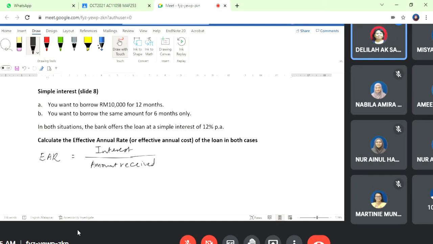The interest is always calculated on the amount borrowed. So the first one, A, we are borrowing for 12 months. If you calculate the interest for 1 year, interest is calculated on the 10,000 that you want to borrow. We are borrowing for 1 year, 12 months, so the interest is 12%.